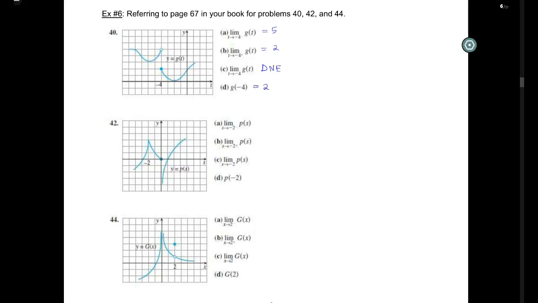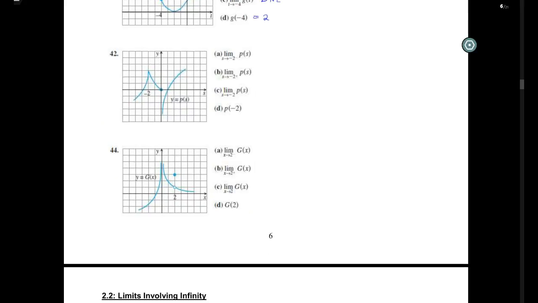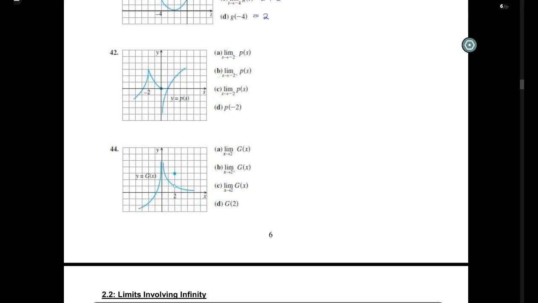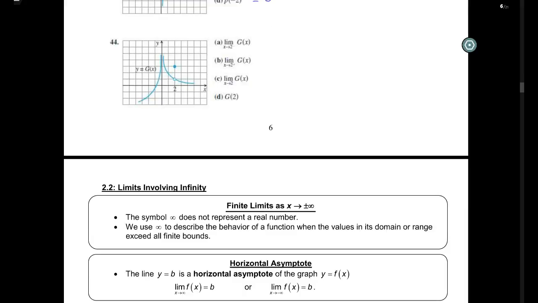That means where is the filled in circle? Okay, 42. We get 3, 3, 3, and P of negative 2 is 3. Okay, 44 is 1, 1. Okay, great.